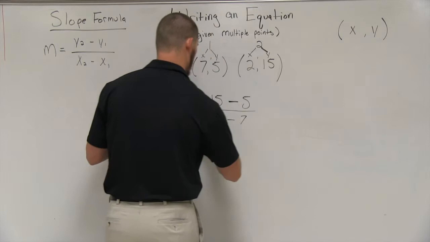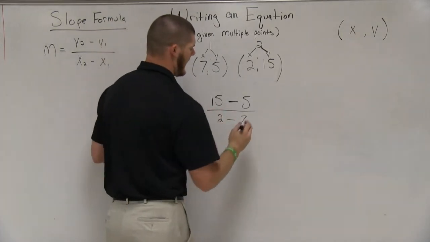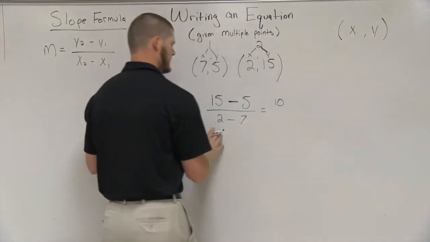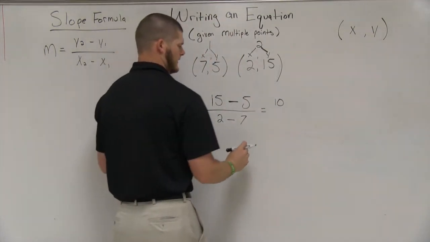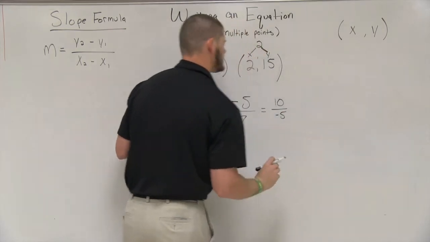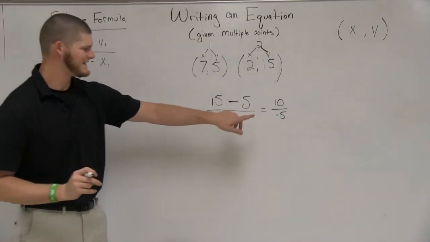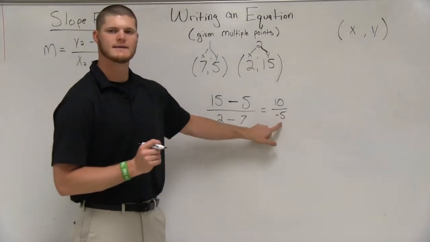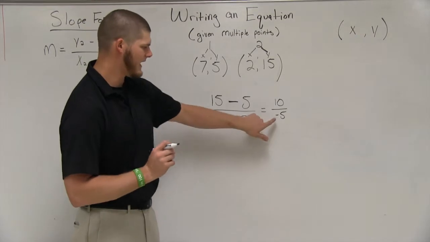So now let's just work this, doing the math. 15 minus 5 is 10. 2 minus 7 gives us -5. So our slope is 10 over -5. Well, we know that we can reduce this. 5 goes into 5 once and goes into 10 twice, but we have a negative.